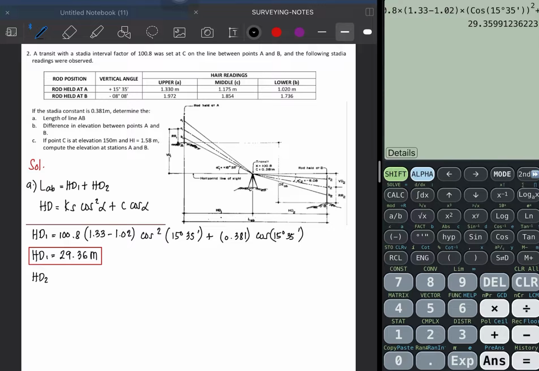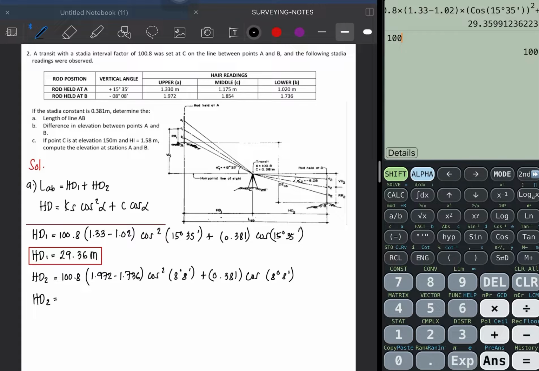And then HD2. So K is 100.8. Then S, that is 1.972 minus 1.736, cosine squared of 8 degrees 8 minutes plus 0.381 cosine of 8 degrees 8 minutes.